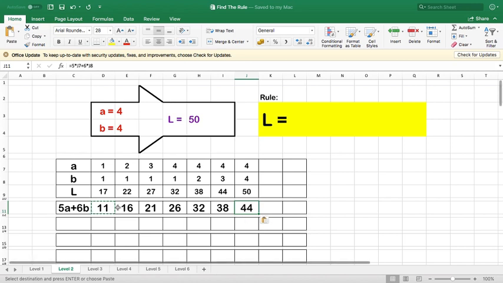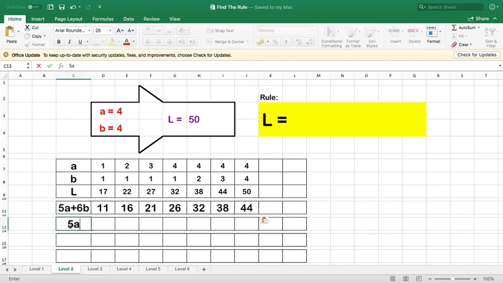we seem to get a related sequence of numbers, but not the same sequence of numbers. The sequence of numbers we're getting here seems to be always 6 less than the numbers we want to get. So if we take 5A plus 6B and then add 6 to it, that should give us a rule that works.